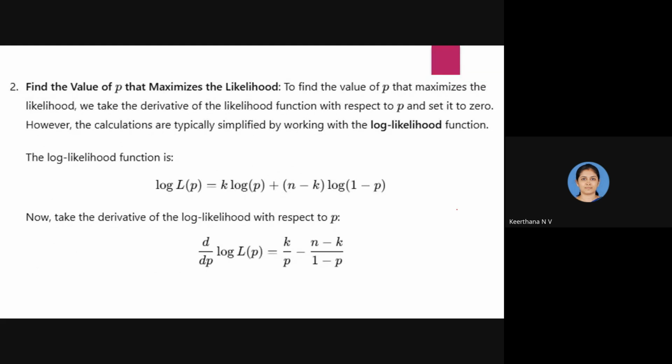The second thing is to find the value that maximizes the likelihood function. Here I'm going for the logarithm of the likelihood function, log L of p. You will be deriving it like this.